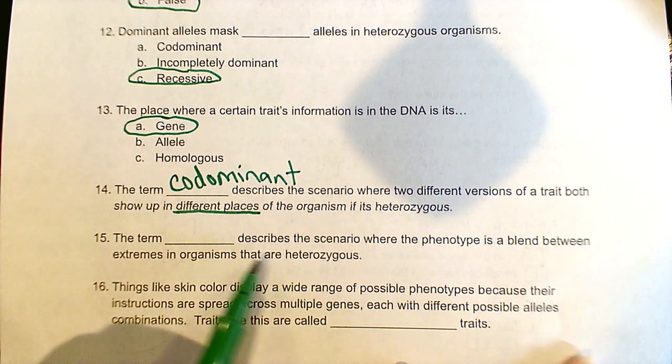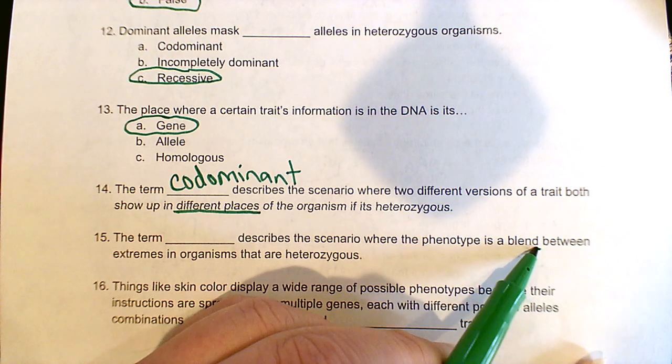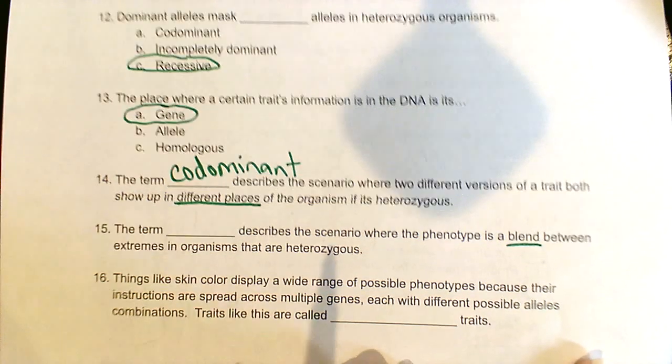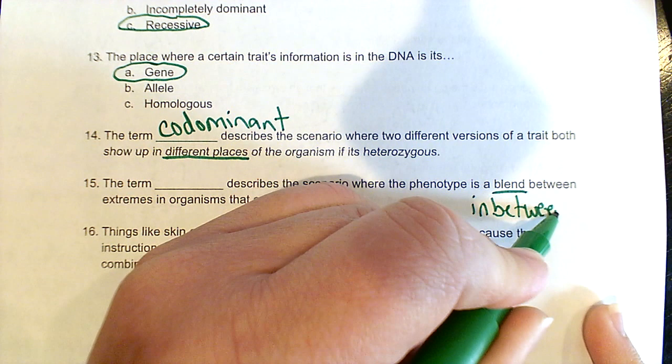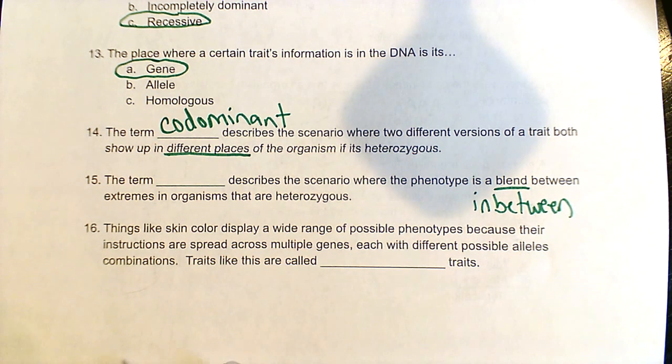And this one is the one where instead of having divide and conquer, it's a blend. We have an in-between form. Okay, so red and white would make what's in between red and white, pink, right? That's kind of the classic one.